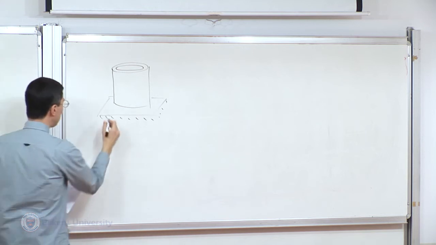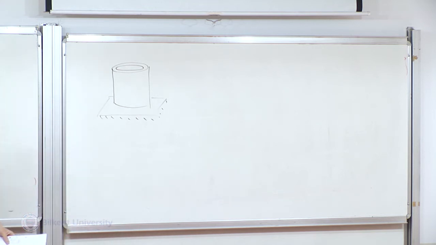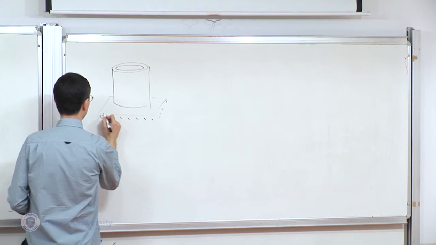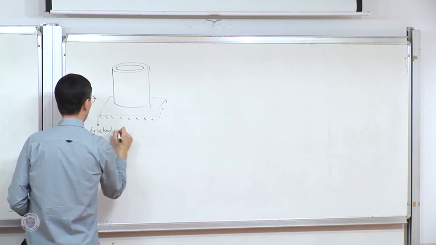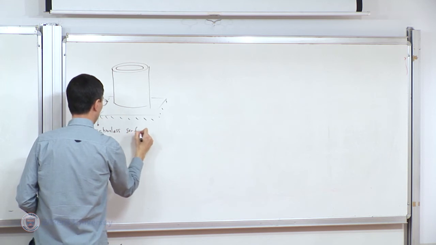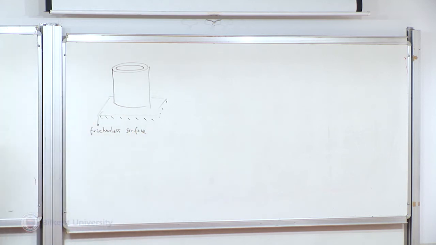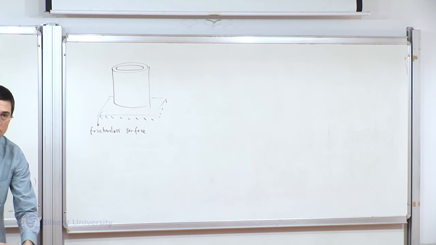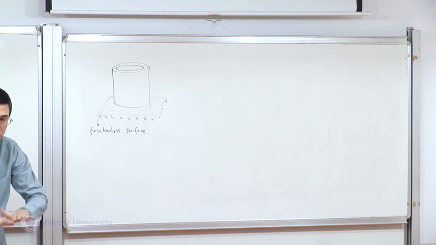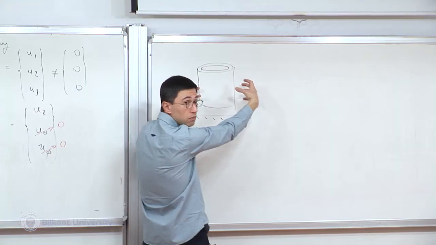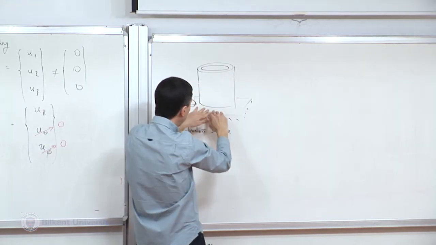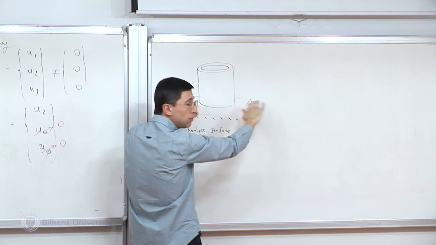Okay, so let's say this is a frictionless surface. So this time I take a cylinder, I put it onto a surface, and what I'm going to do is I'm going to press on it. When I press on it, it's going to try to spread, right? It's going to deform, but this surface is frictionless, so it can deform freely.